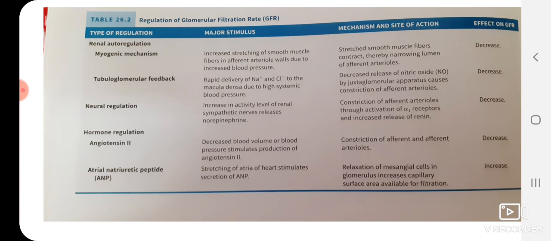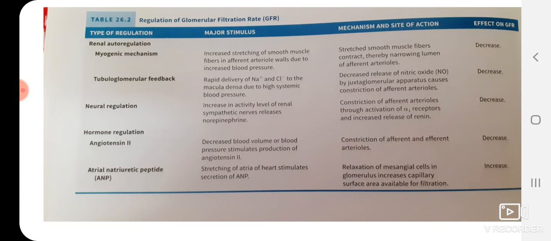The rapid delivery of these ions is sensed by the macula densa, which produces nitric oxide, and by that the contraction of the afferent arteriole will occur, and by this the flow of fluid will decrease and the glomerular filtration rate will be decreased.